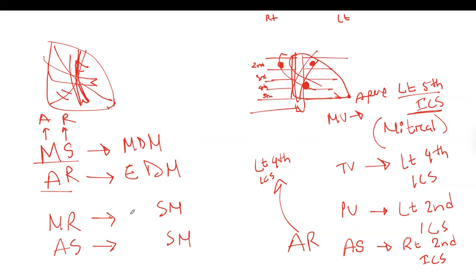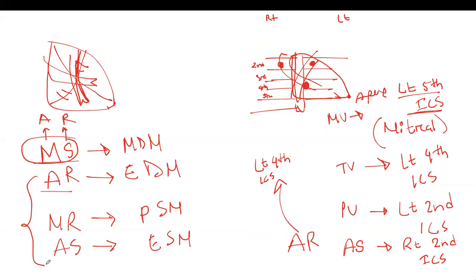Mitral regurgitation murmur is a pansystolic murmur, and aortic stenosis murmur is an ejection systolic murmur. Just by remembering this, you can easily remember all these. That is the only way for me to give you to remember them. If you forget in the exam, this is how you can easily remember.